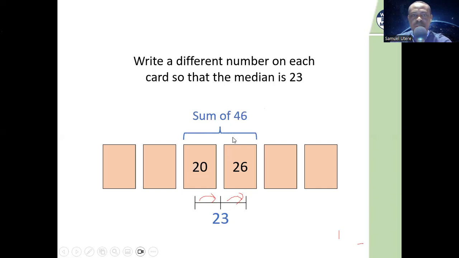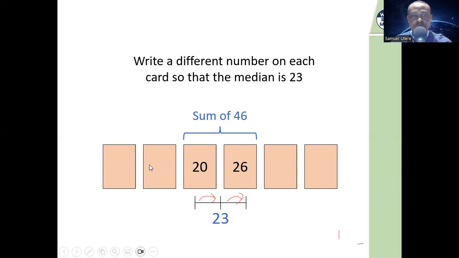Have you noticed something? The sum of these numbers is 46, and half of 46 is 23. Now, if we choose to work with these numbers, then remember, the median is the middle value of an ordered set of data, in this case from the lowest to the highest.